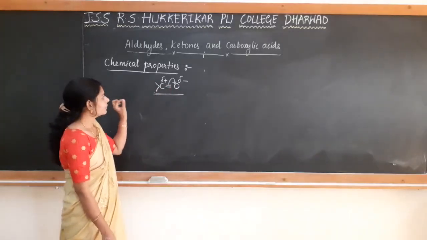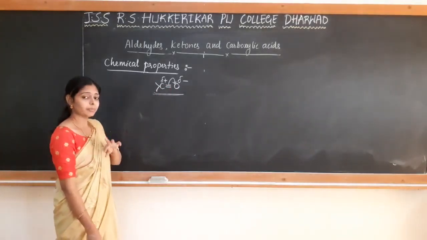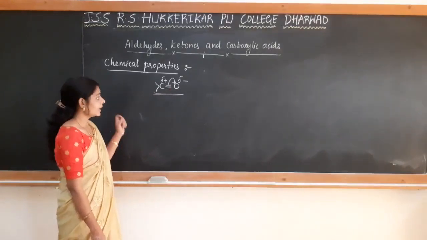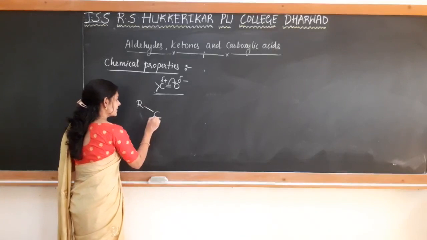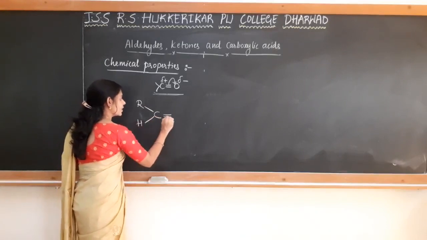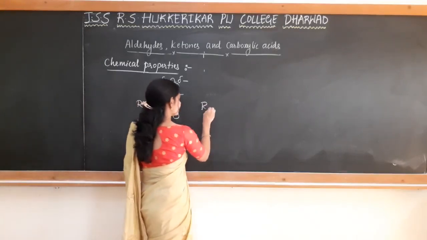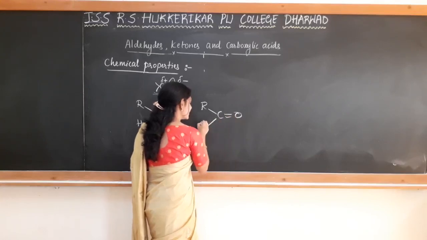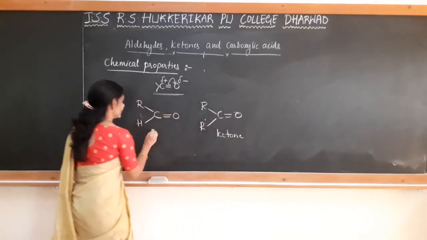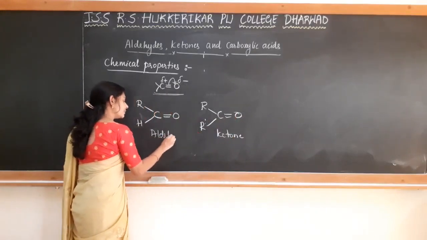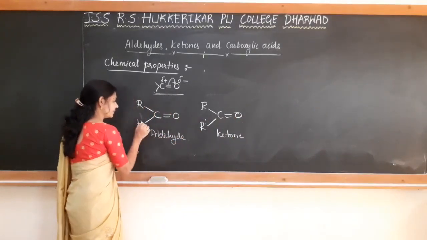Even so, when we compare aldehyde and ketone, aldehydes are more reactive. Why are aldehydes more reactive? The main difference between an aldehyde and a ketone is, this is a ketone and this one is the aldehyde. Here the carbonyl carbon has a hydrogen atom, right?